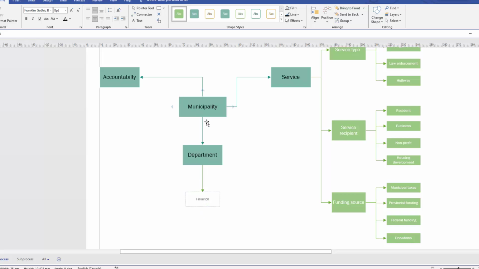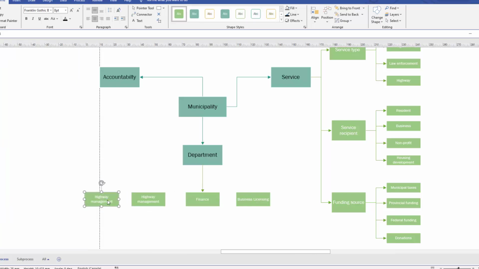Let's just say we are capturing a finance department, a business licensing department, highway management and construction. Oh, let's just do public transit. We can stop here, but you get the idea.